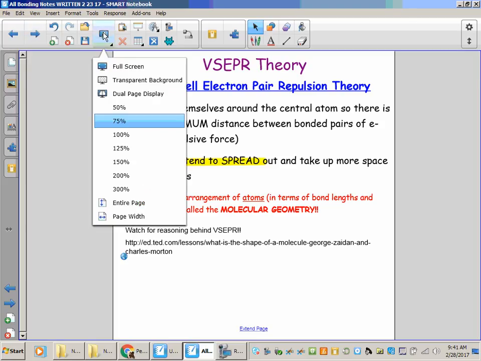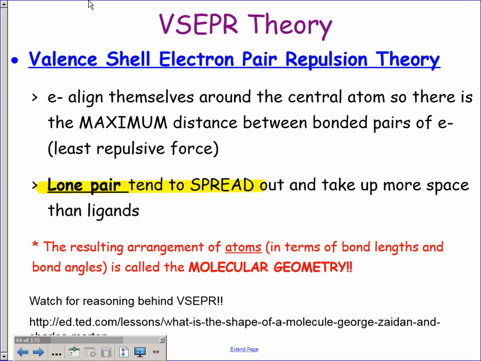Yes, ma'am? Do a lot of electrons shared change the electronegativity or polarity? Say that one more time? So like say there's a double bond, like a resonance structure with a double bond on one side. Okay. So would that make it nonpolar?